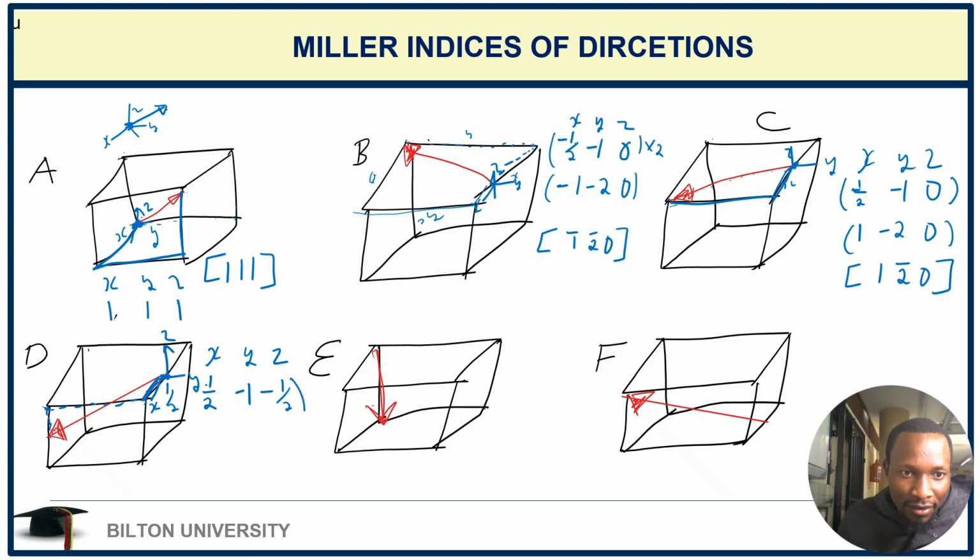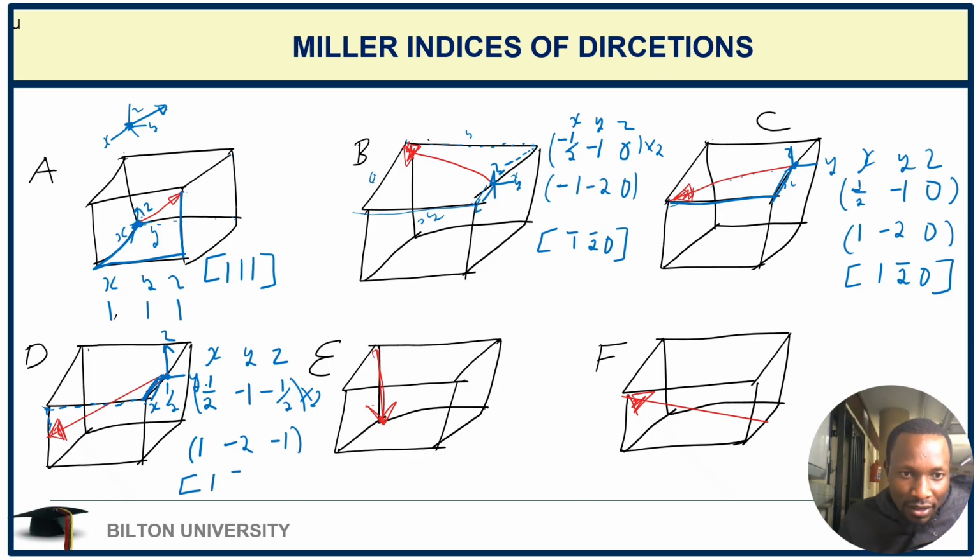Once we have written this, we multiply by 2 to eliminate the fractions, and we have 1, minus 2, and minus 1. Then we write it in brackets: 1, minus 2, minus 1.